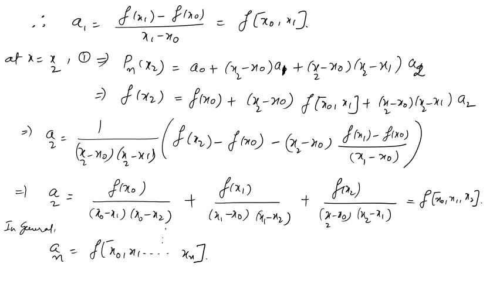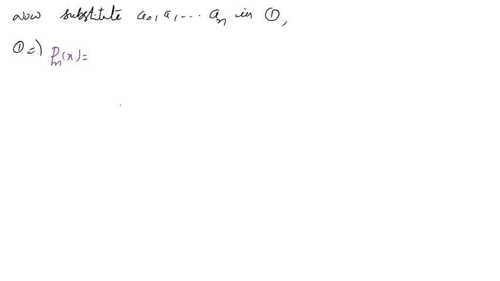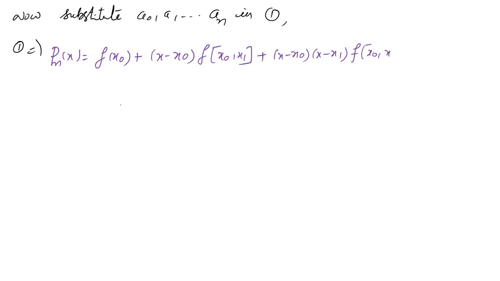Now substituting all these values a0, a1 and so on an in equation 1, what is the expression? Pn(x) equals, first, f of x0 plus (x minus x0) into a1, which is the first divided difference, plus (x minus x0)(x minus x1) into a2, which is the second divided difference, and so on.